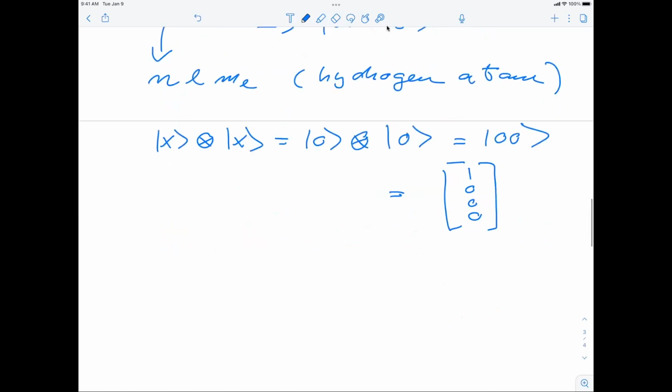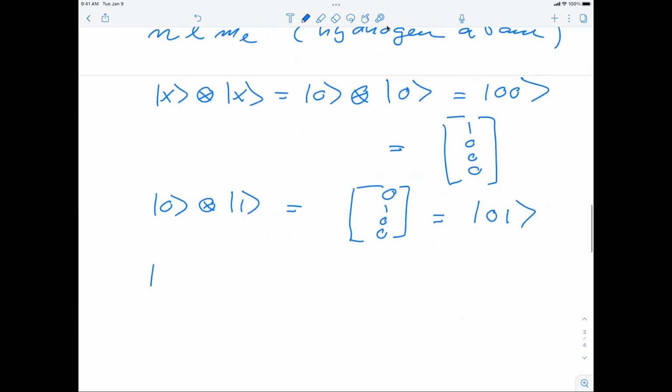And then we could have a new state where we take the cross product with a 1 here. And that would clearly give us a new state, which we are going to have as 0, 1, 0, 0. And this is going to be the state which we call 0, 1.